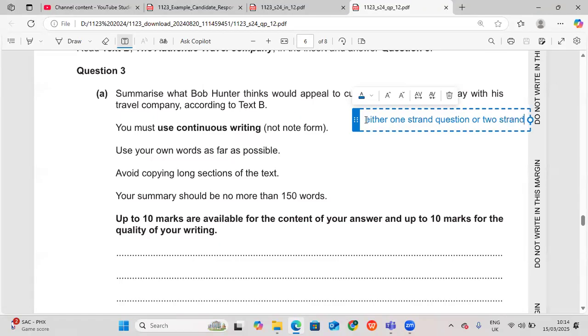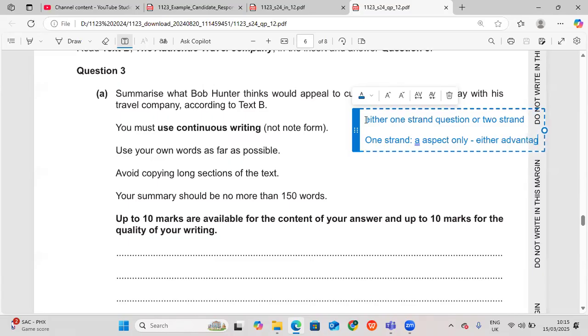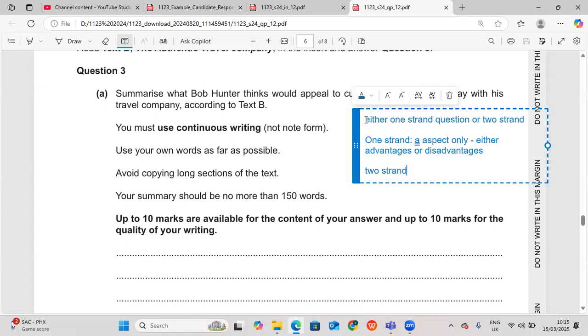One strand means they might ask you about one aspect only, which means they ask either advantages or disadvantages. Two strand means both, two aspects.